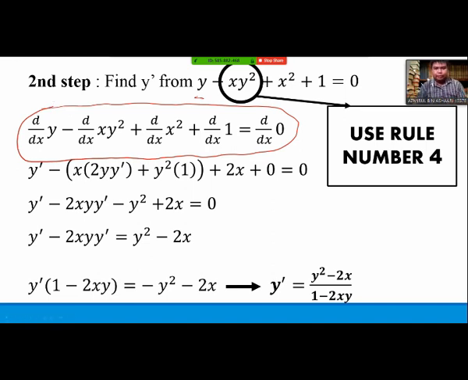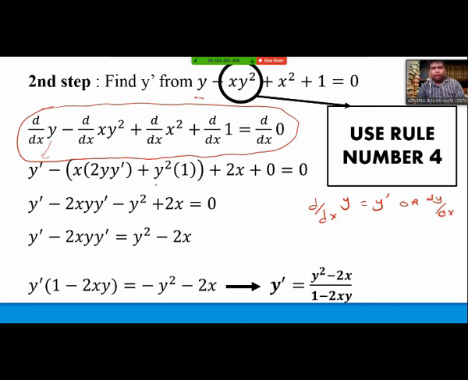Okay, of course you know that when you differentiate y, it becomes y prime, or you can say dy per dx.